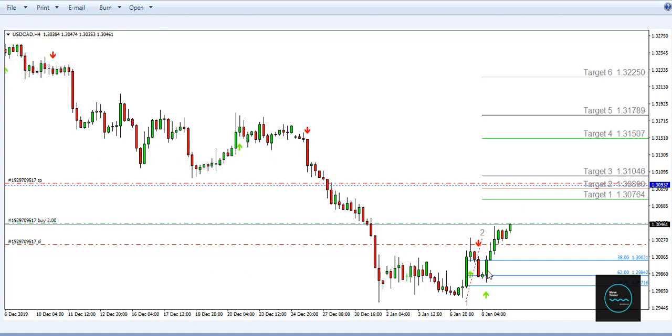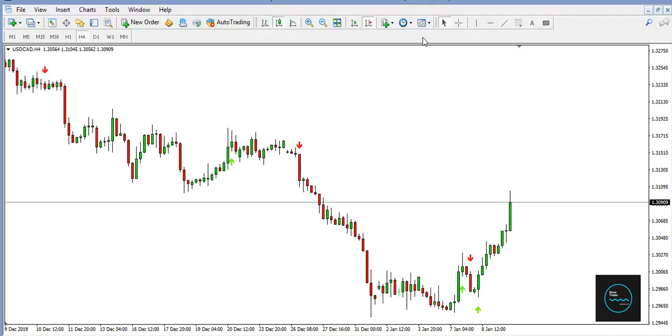I placed my profit target just a few pips above the 62% retracement of this move, which I drew and showed you just now. This move was good for 42 pips.